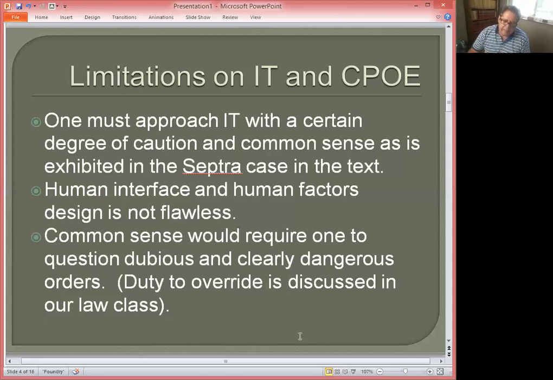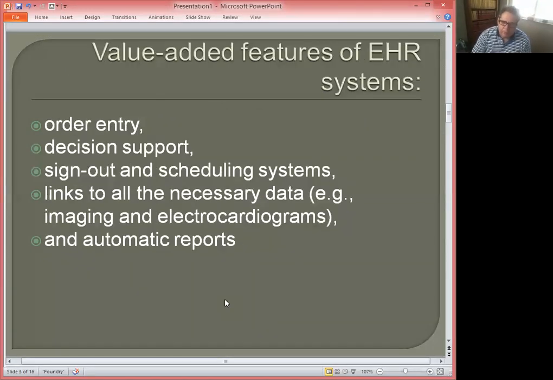One aspect of common sense would require us to question dubious and clearly dangerous orders. In the healthcare course I cover, and I suspect most instructors are going to cover in some great detail, an override. When we look at value-added features of the electronic health record systems, we look at order entry, decision support, sign-out and scheduling systems, and links to all the necessary data.